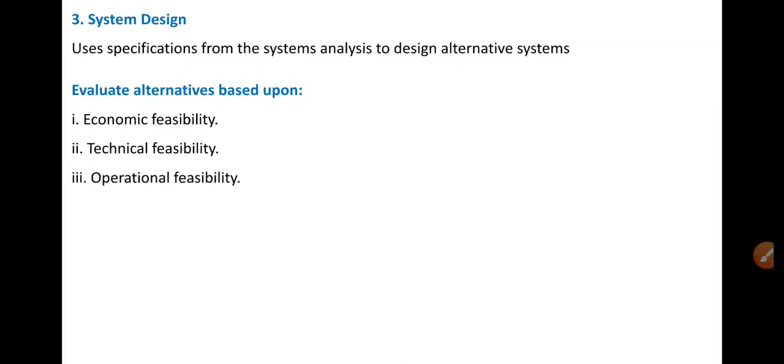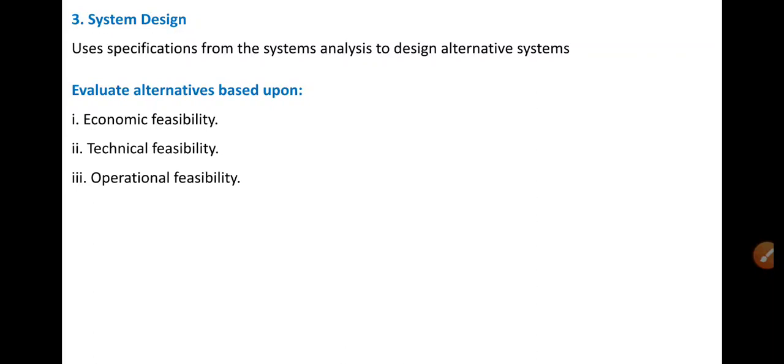And next, he has to go with operational feasibility also. Operational feasibility in the sense of whether the managers and users will support this information system. That has to be thought of.